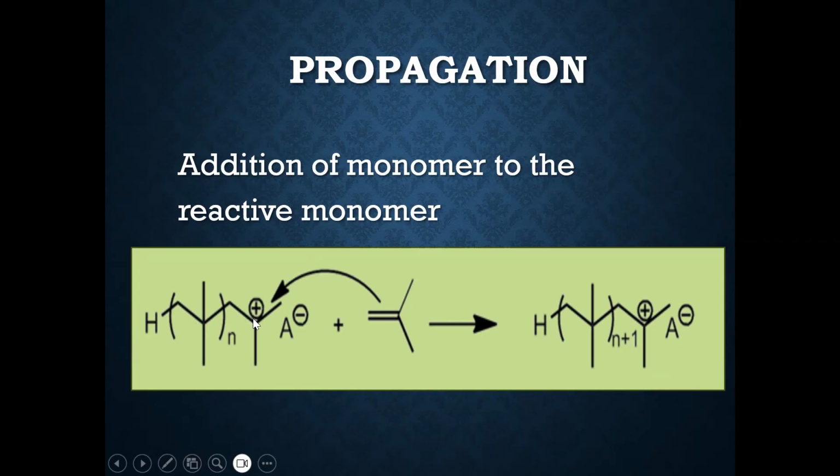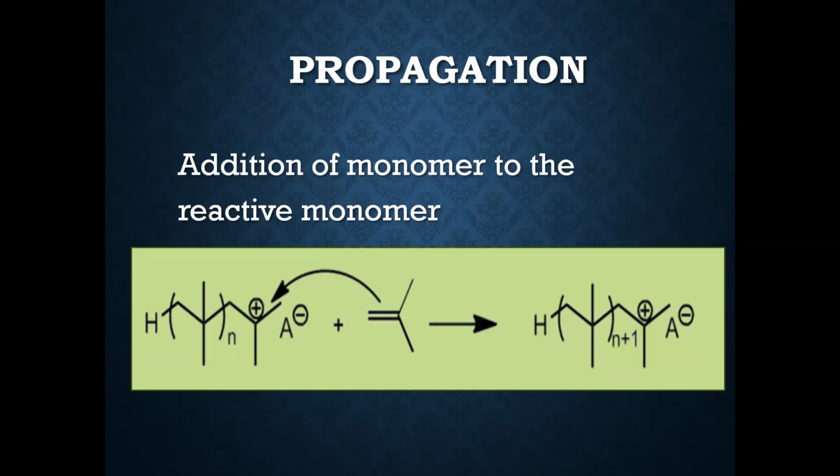We have a positive charge here, which will attack another monomer, forming also a positive charge, and so on.